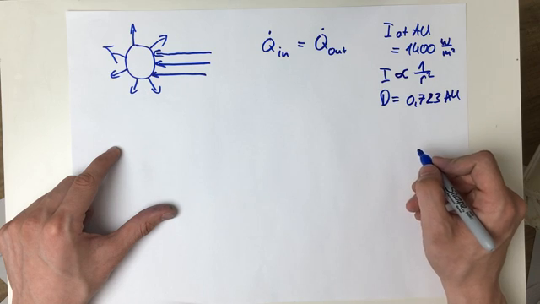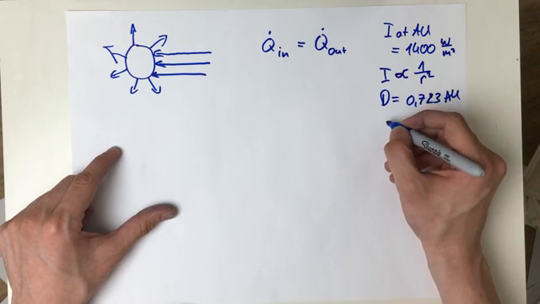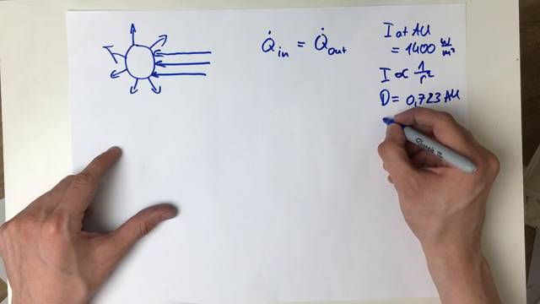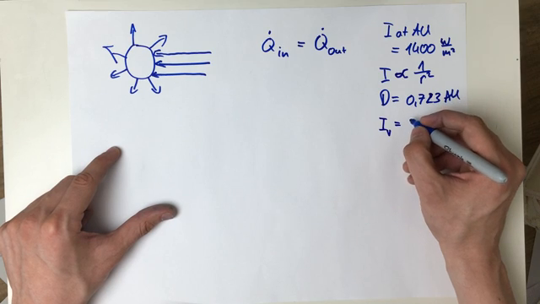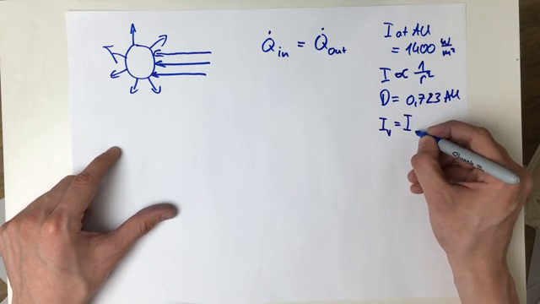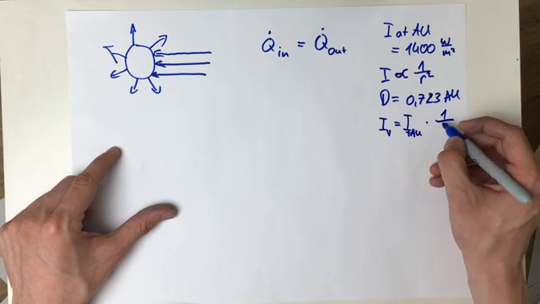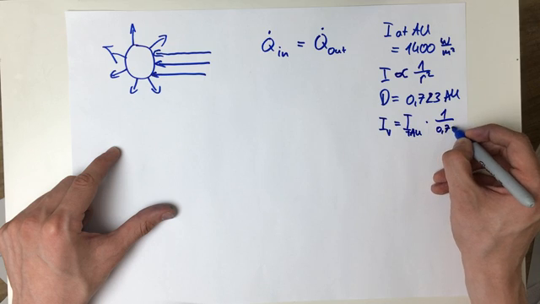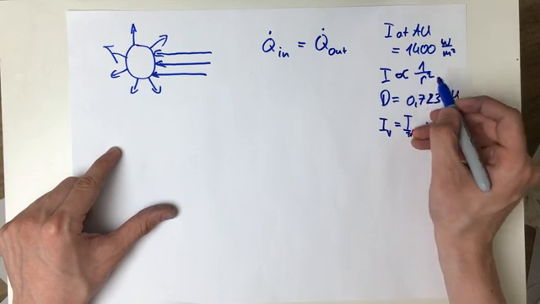So how do we find the intensity then of the sunlight at the position of Venus? Well, we can just say intensity at Venus. That's going to be equal to the intensity at 1 AU, times 1 over 0.732, and that is squared because we have the square here.